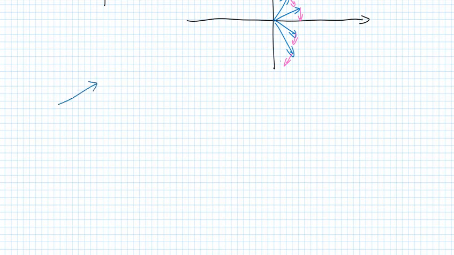So it is like this one. And this area is the magnitude of their cross product. If there is a change in this angle, there will be a change in the area of this parallelogram.